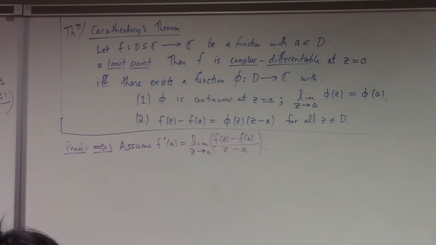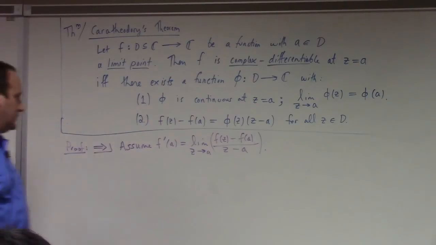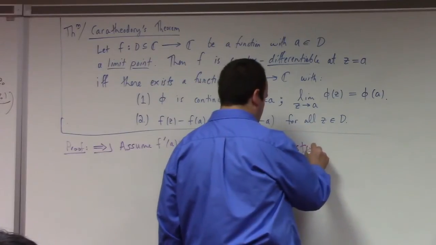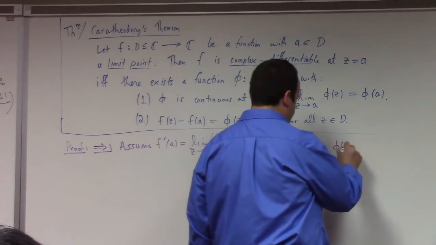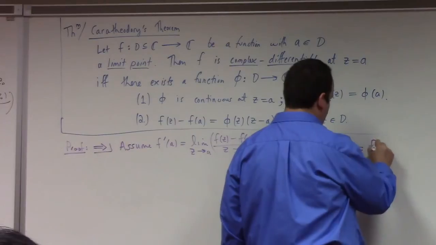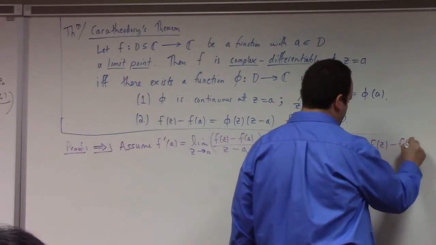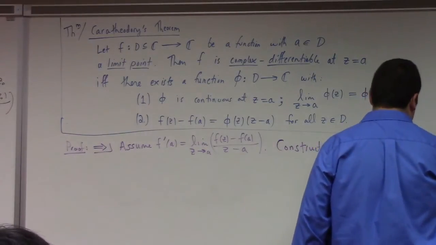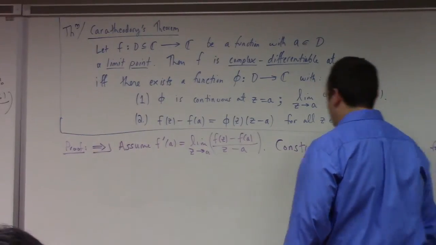Now, what do we have to do? What's our job? We need to construct this function phi. I call phi the difference quotient function because that's what it is. Construct phi of z equal to f of z minus f of a over z minus a for z not equal to a, right?